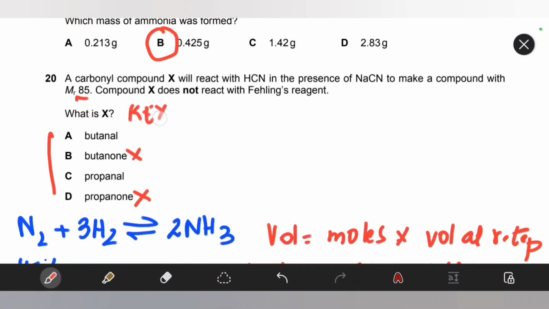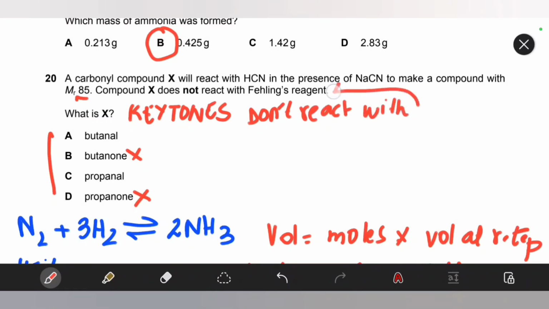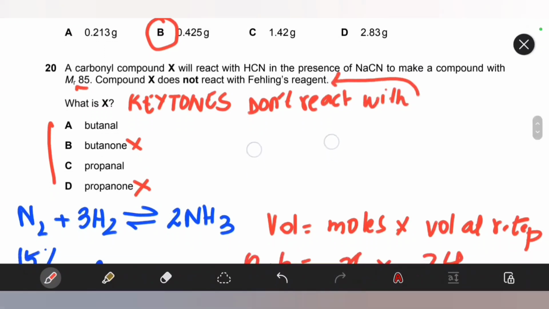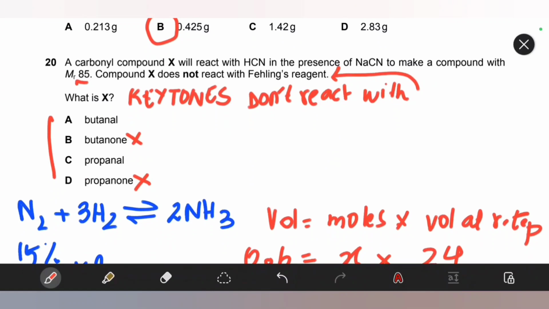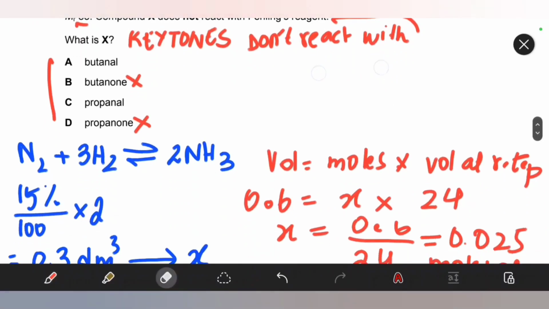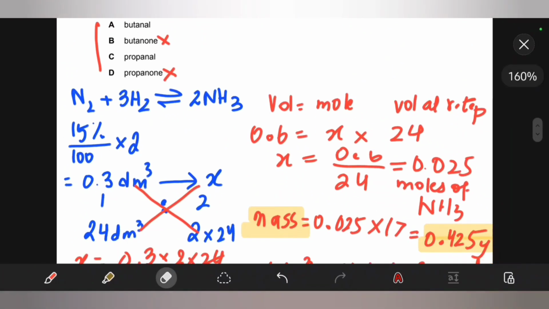Now you need to just write the product that will be formed and find out the MR to match the answer. So let's erase some of this stuff.